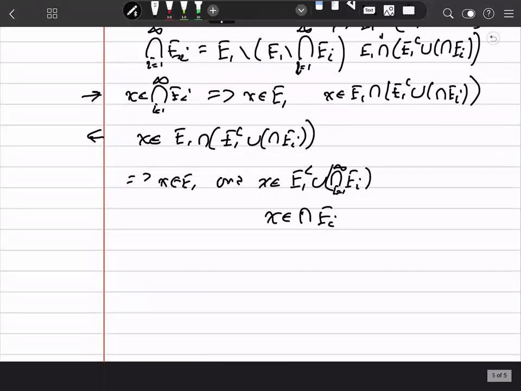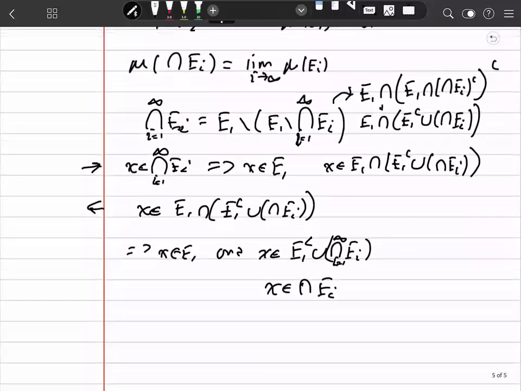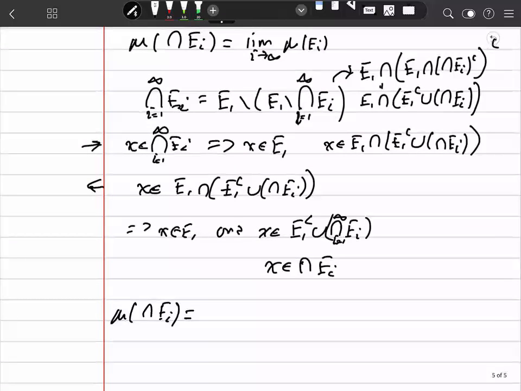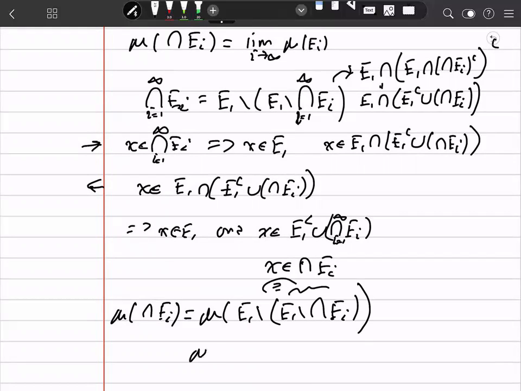Now, what we can do from here is simply look at mu of the intersection of E sub I. That's going to be mu of E1 set minus E1 set minus the intersection of E sub I. We know that this is a subset of this, so this becomes mu of E1 minus mu of E1 set minus the intersection of E sub I. Well, what does this become then?